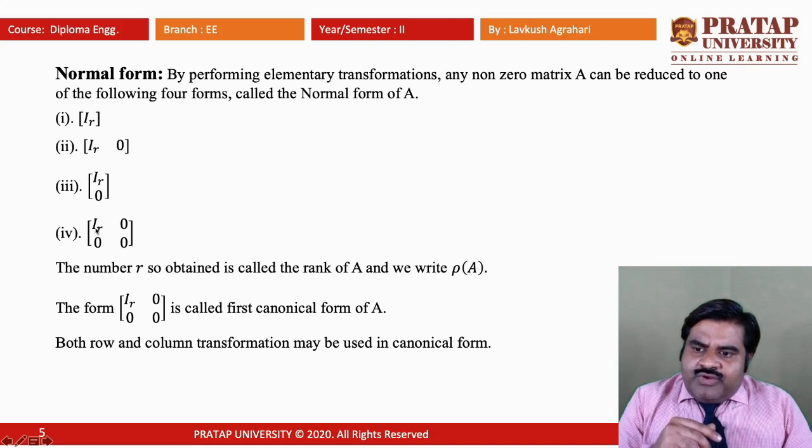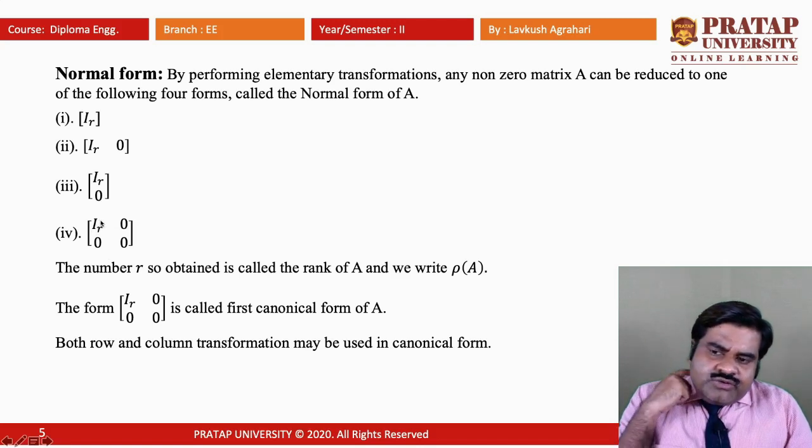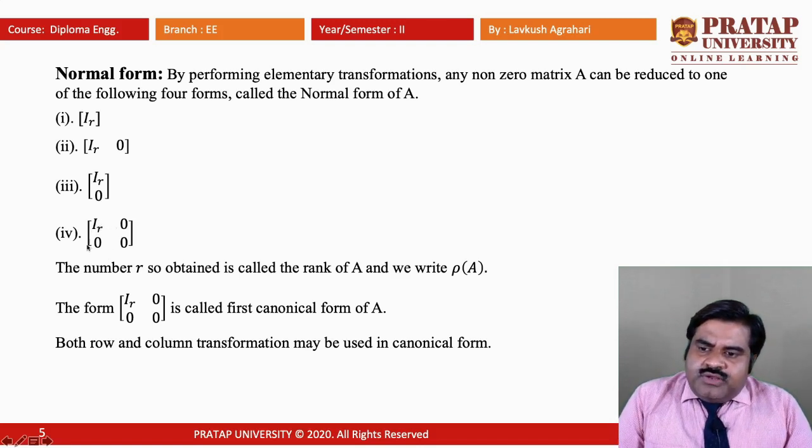Then I_r with zero rows, and similarly I_r with zero columns, and I_r with the other elements 0. The number r is called the rank of the matrix and can be written as rho(A). This form is called the canonical form or normal form. In this normal form, we can operate both row and column transformations.